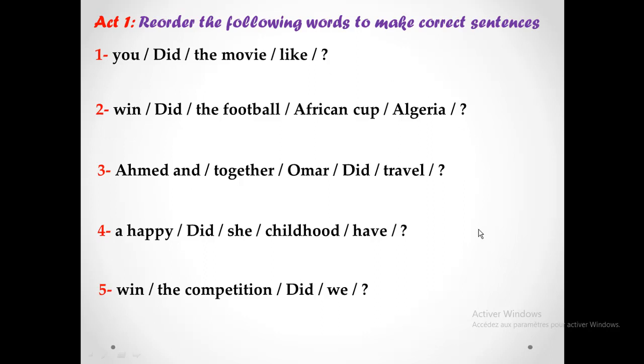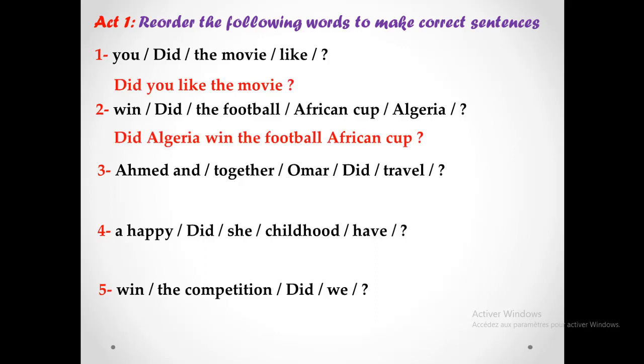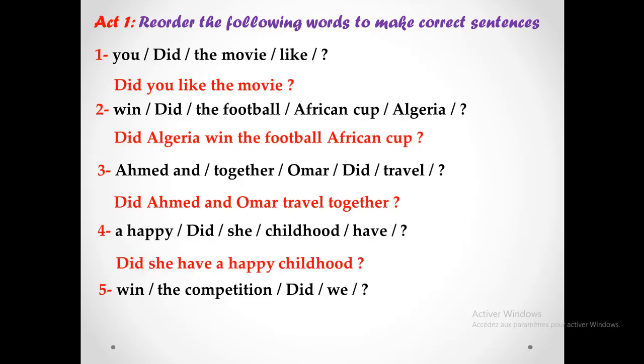Okay, now we are going to correct. Number 1, did you like the movie? Number 2, did Algeria win the Football African Cup? 3, did Ahmed and Omar travel together? 4, did she have a happy childhood? 5, did we win the competition? So these are the answers.